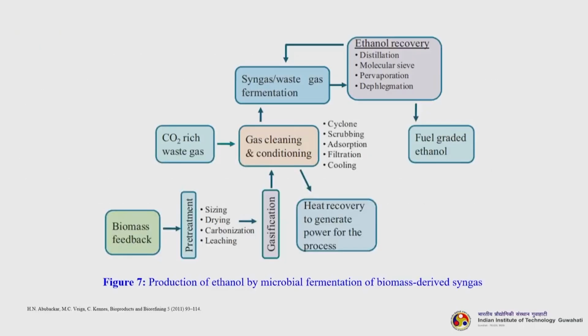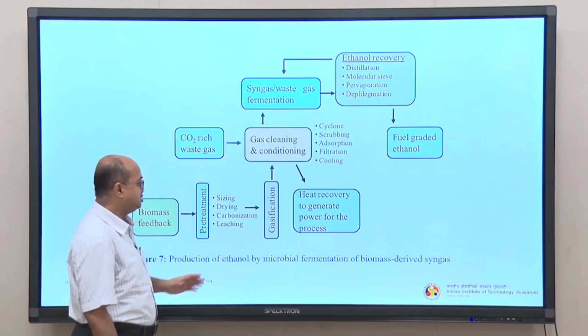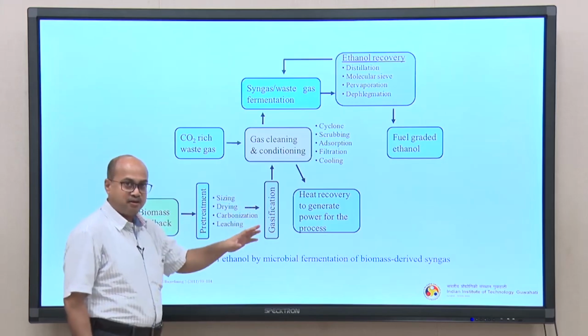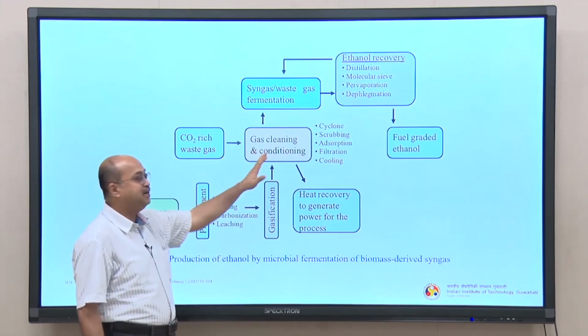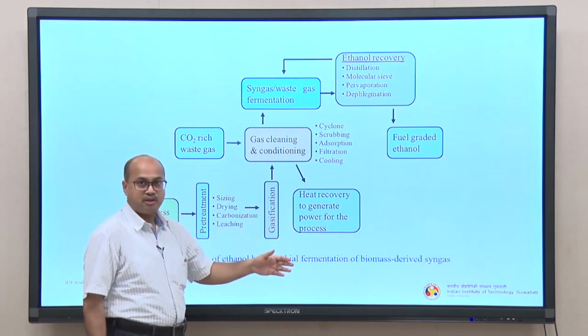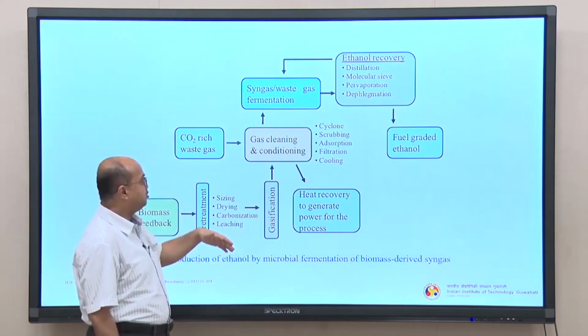Now, this is the schematic of the production of ethanol by microbial fermentation of biomass-derived syngas. You can see the biomass, then the pretreatment, any sort of physicochemical pretreatment process, then it goes to gasification. After gasification is over, the gas goes to the gas cleaning and conditioning step, where heat can be recovered to generate power for the process and reused.